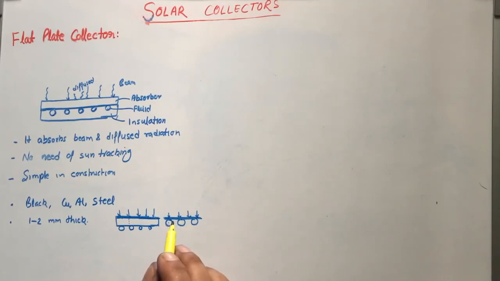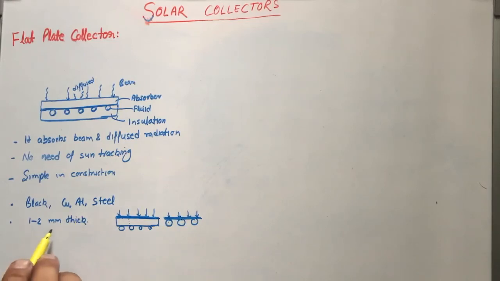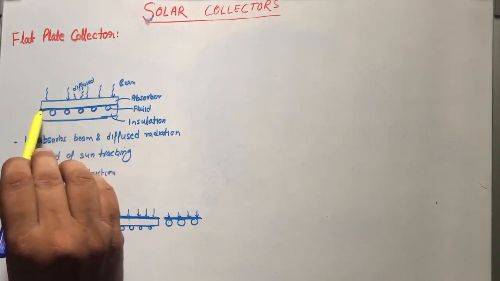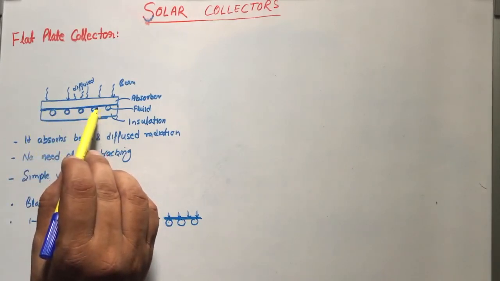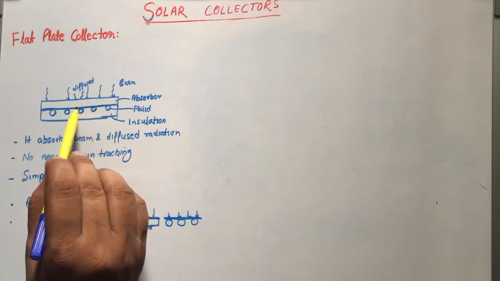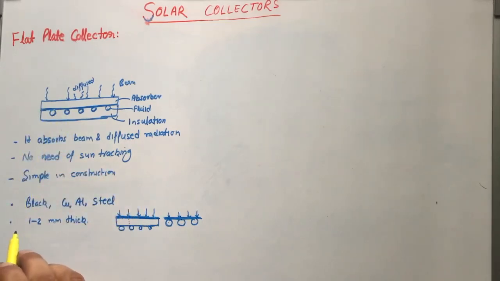So the optimum thickness that we can obtain is 1 to 2 millimeter, okay. So it should be black and a good thermal conductor, and the second thing, the thickness should be 1 to 2 millimeter only.